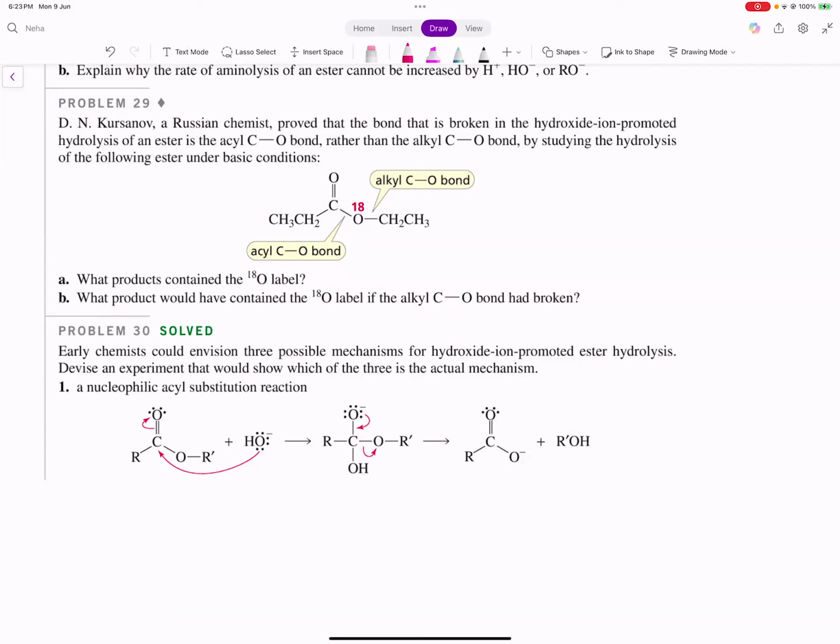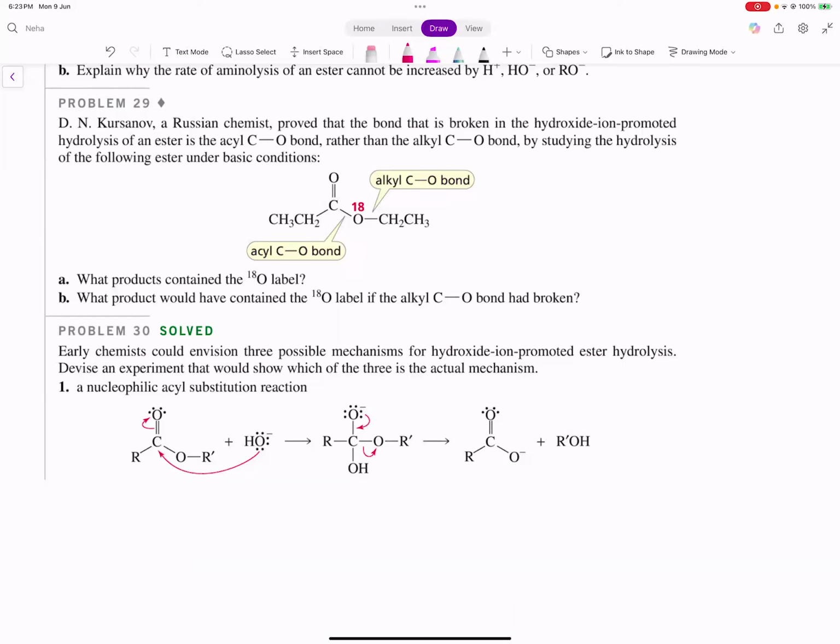So O18 will come to the ethanol. So in case A, you have drawn the products, and in the end, you have drawn what product would be obtained if the alkyl C-O bond is broken.